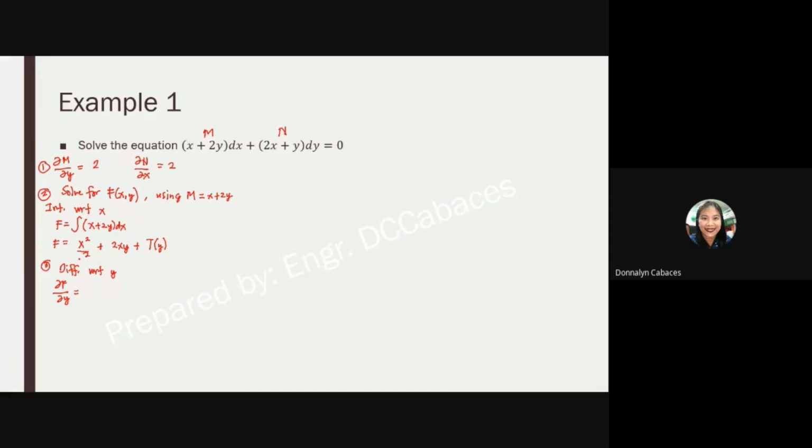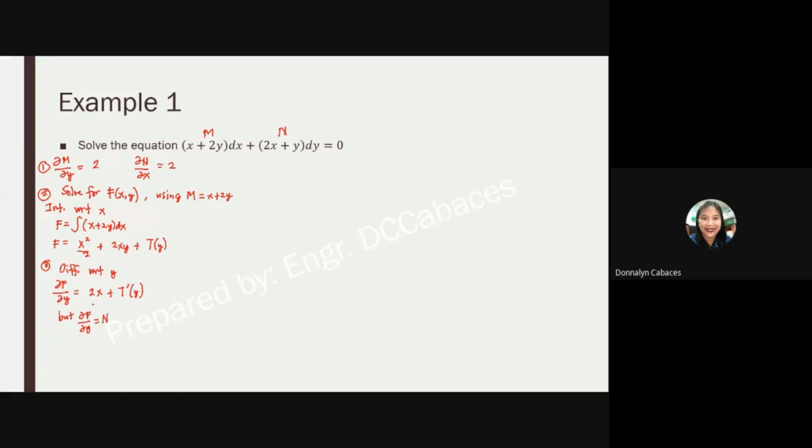Okay? So here, the derivative of this is 0, and the derivative of here is 2x plus t prime of y. But since the differential equation is found to be exact, the partial derivative of f with respect to y is equal to n.